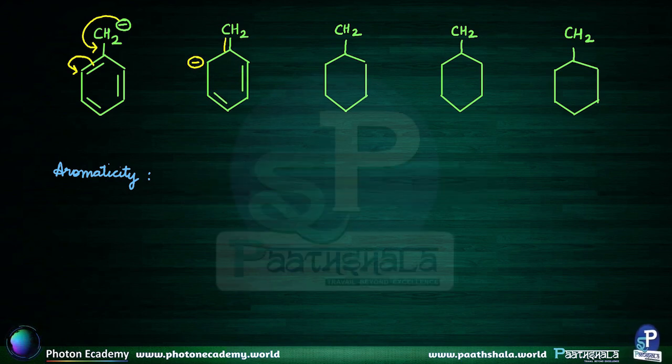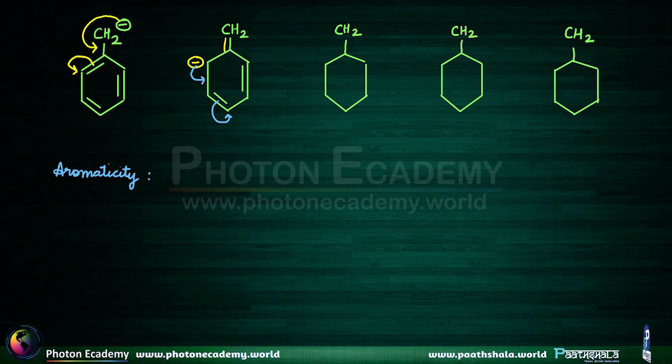Now there is more moving of this charge, and this negative charge is going to travel a little further. Please remember to put the resonating sign, which tells us that these all are resonating structures.